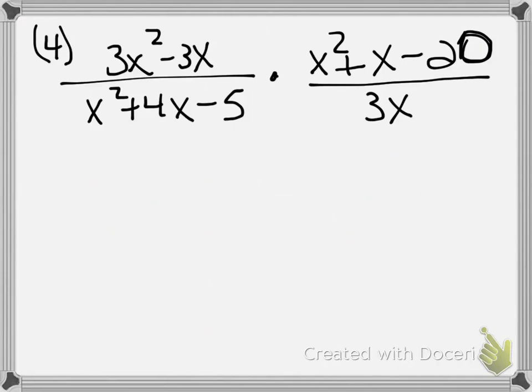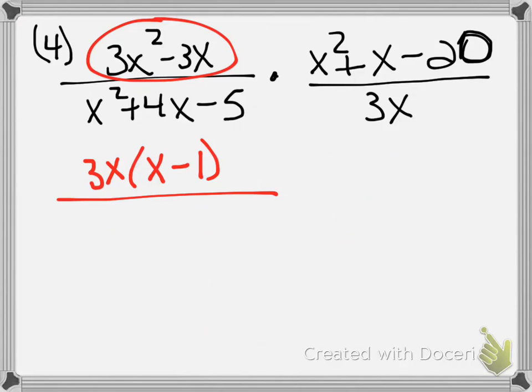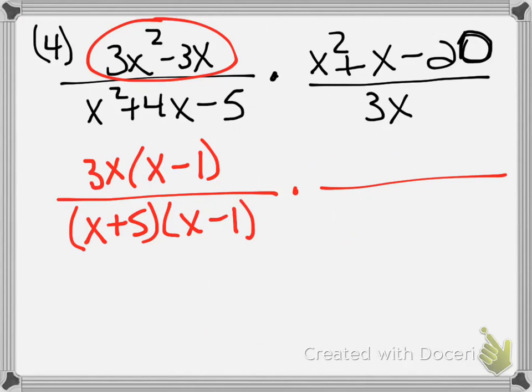For number 4, in my numerator, I see that these are both divisible by 3x. If I take 3x out, I'm going to be left with an x minus 1. In the denominator, I'm going to have x plus 5 times x minus 1. This other numerator, I'm going to have x plus 5 times x minus 4.